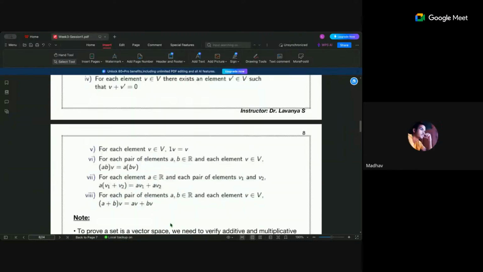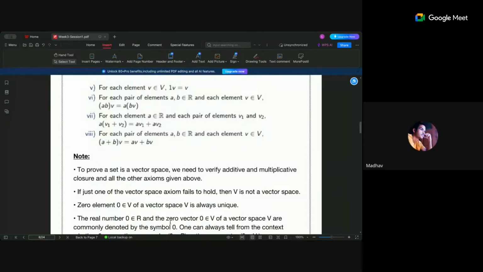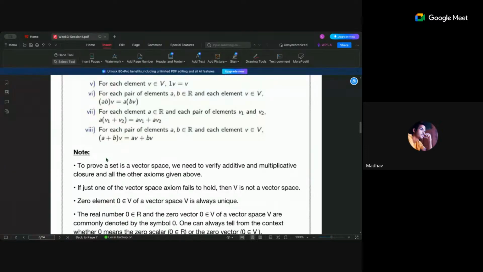Okay, so now here are a few things which you should know when you are verifying a vector space. To prove that a set is a vector space, we need to verify additive and multiplicative closure. Here by multiplicative, I mean scalar multiplication. And all other axioms given above.